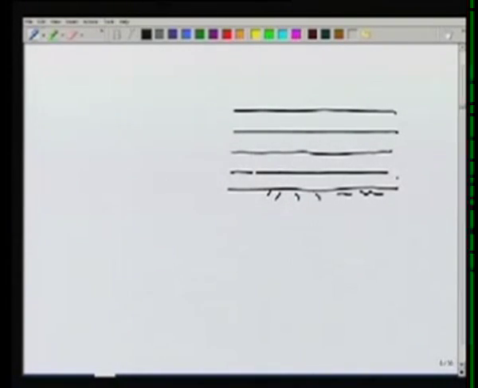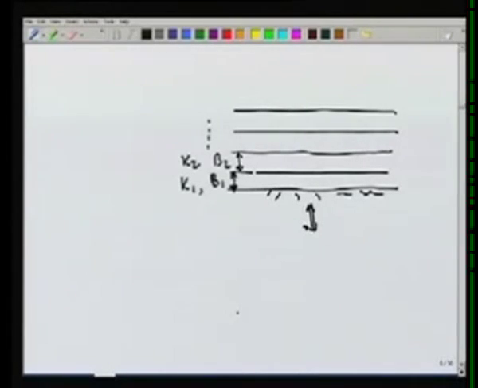So for example, this may be a thickness B1 and conductivity K1. Similarly, there will be another layer which may be of thickness B2 and conductivity K2, and so on. So under these conditions, we want to look at how to obtain an effective conductivity for this area. For example, we can replace this by an equivalent porous media.